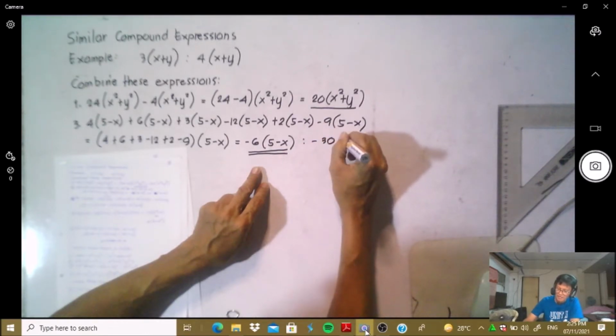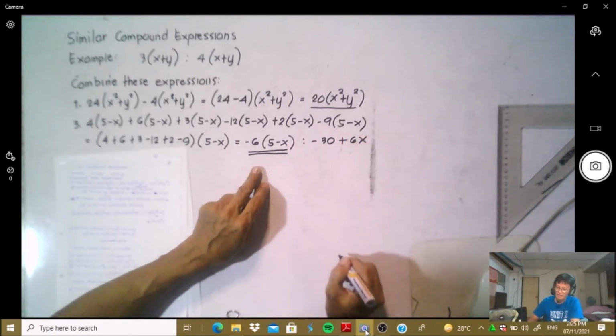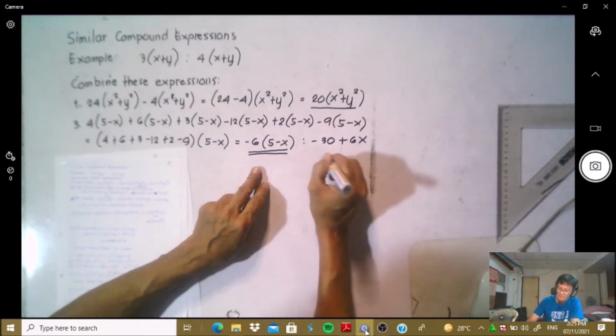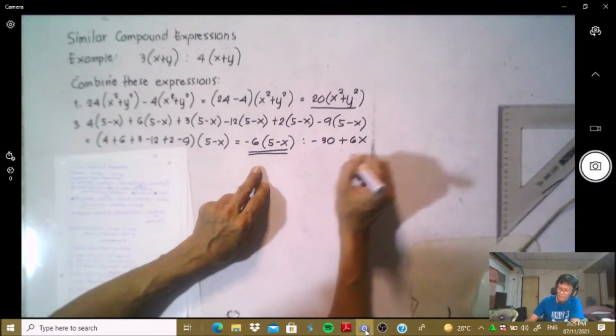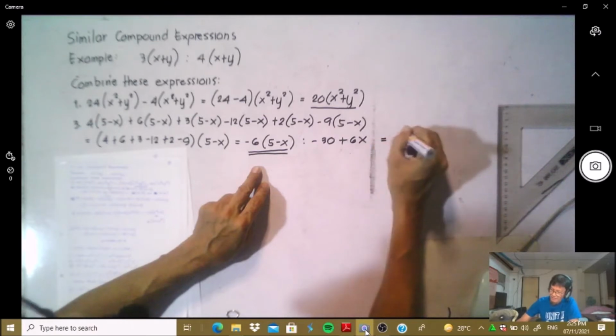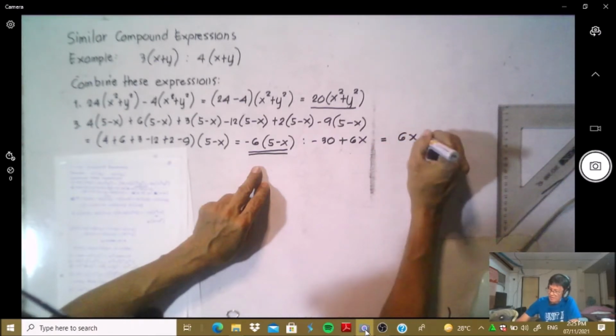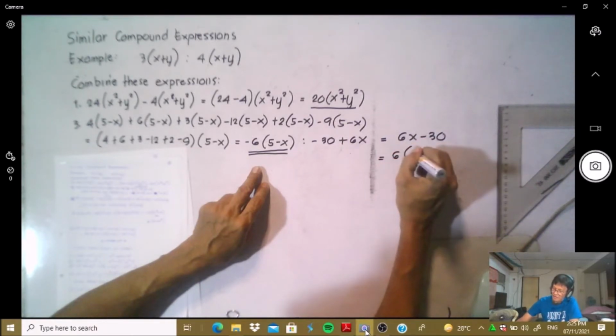So we can write this as 6x minus 30. And if we factor out 6, we have 6 times x minus 5.